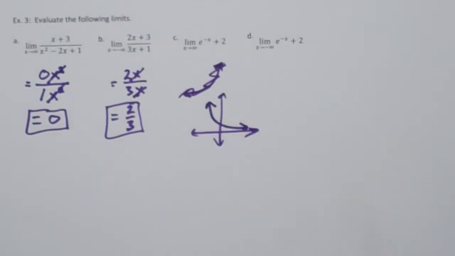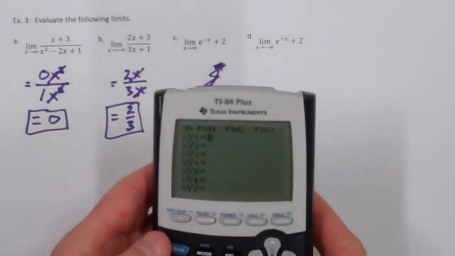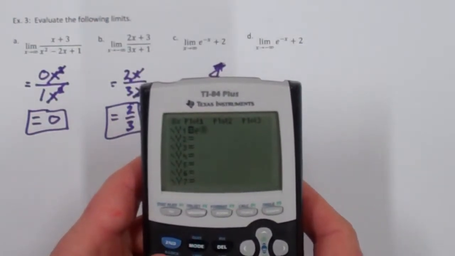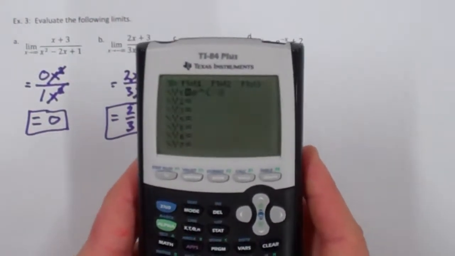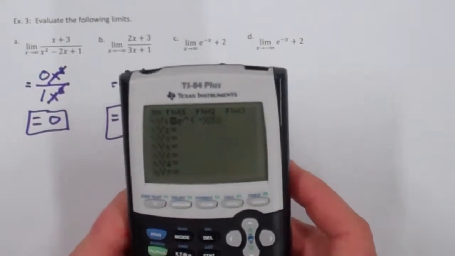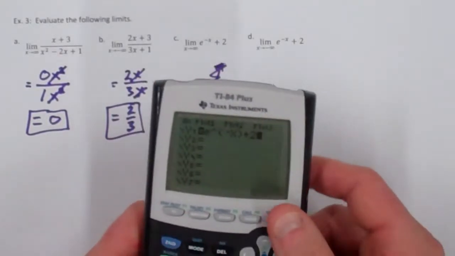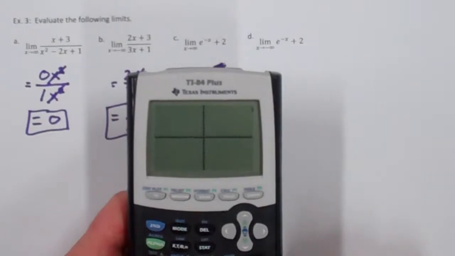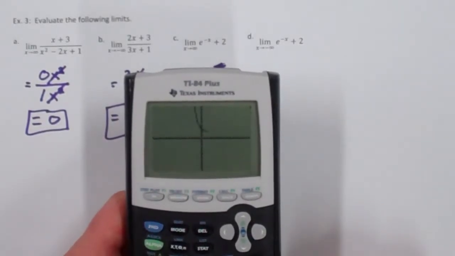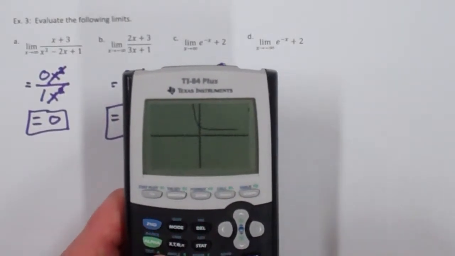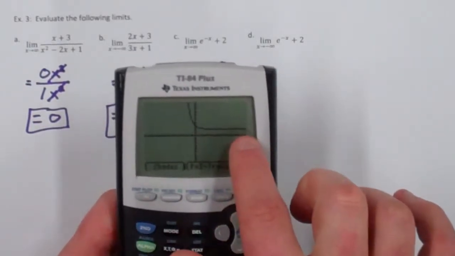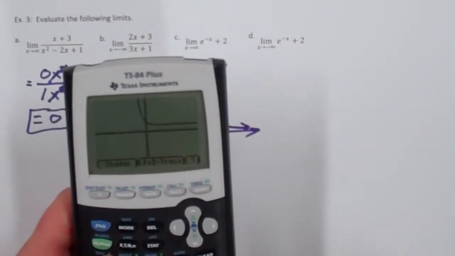Let's take a look at the graph of this just to make sure we haven't made a mistake. I'll type in caret, negative x, close that up, and add 2. And we'll wait for the calculator to do something. Here we go, and it looks like that graph is leveling out at a y value of 2.